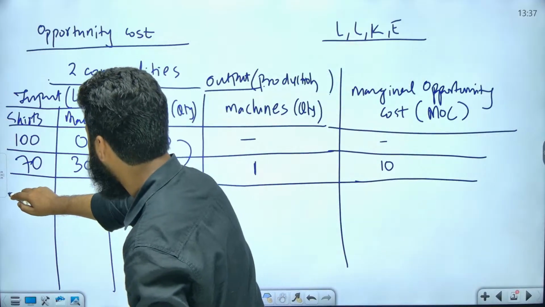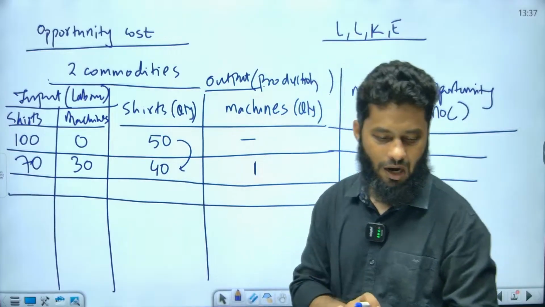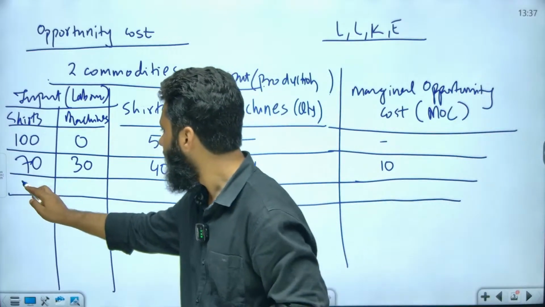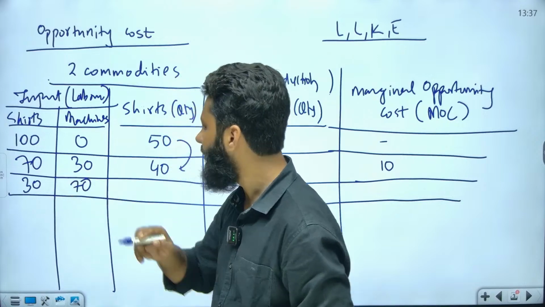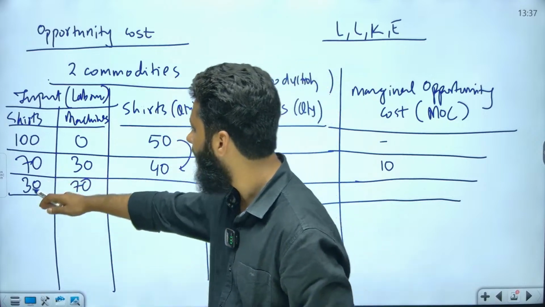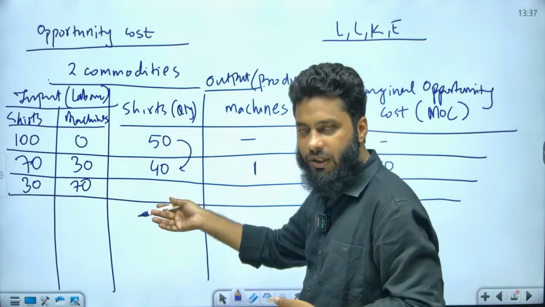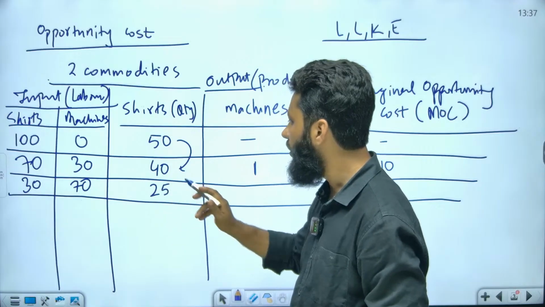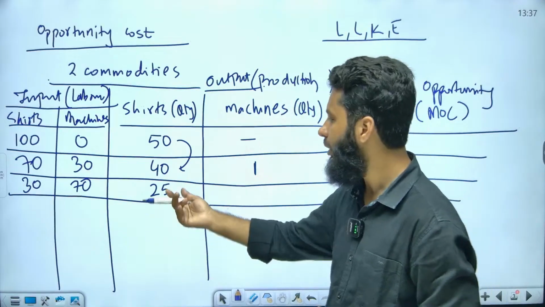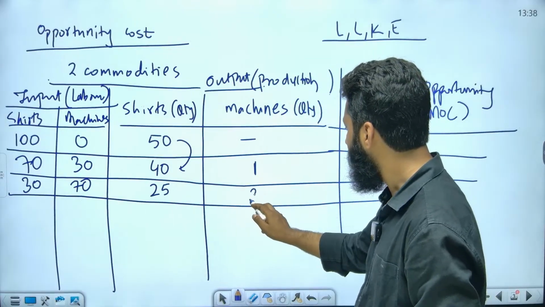Now let's divert more resources towards machines. Suppose we are diverting 70 labors for machines and 30 labors for shirts. Now the production will further decline. Suppose you are able to produce only 25 shirts and two machines.